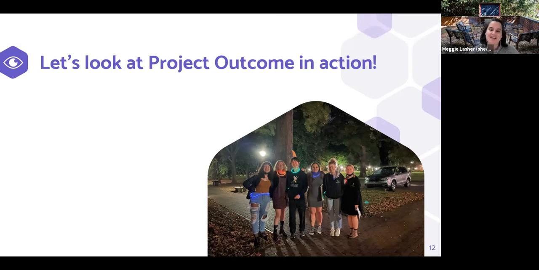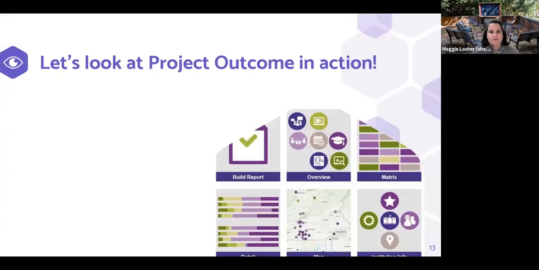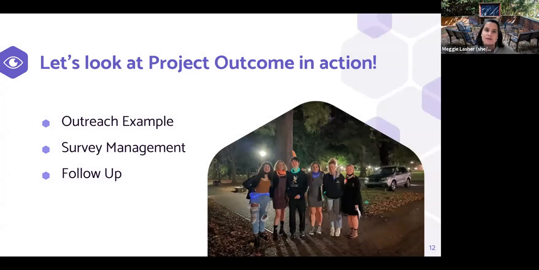So we'll be using this past ghost story event as our example to create a survey. So we'll be collecting out of the outreach category, which is one of the main categories that Project Outcome employs. So that's great that we have that immediate connection. We'll be using the survey management tool within the larger toolkit.